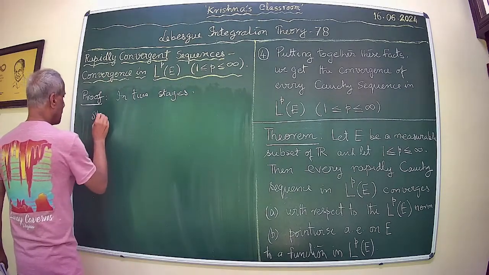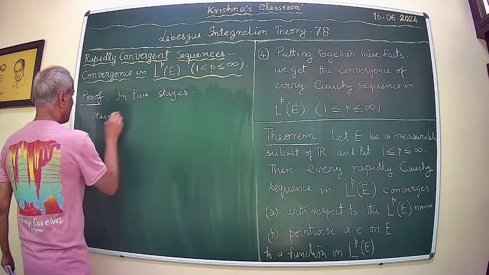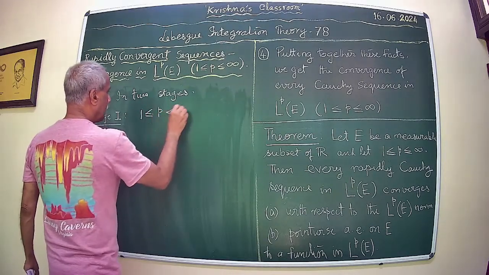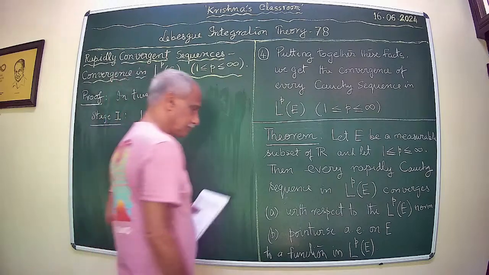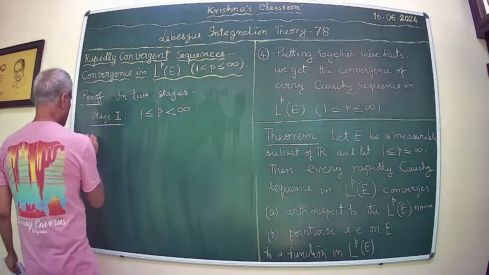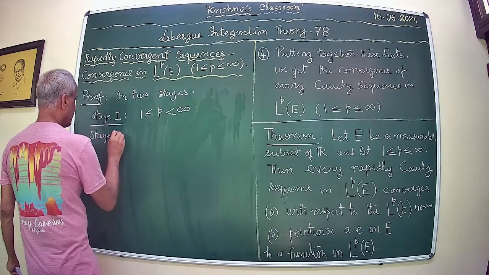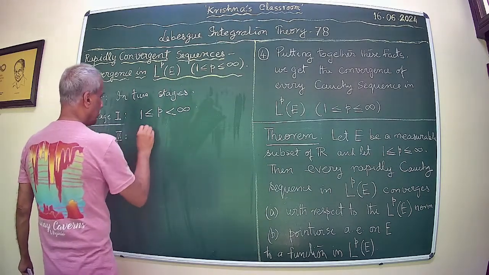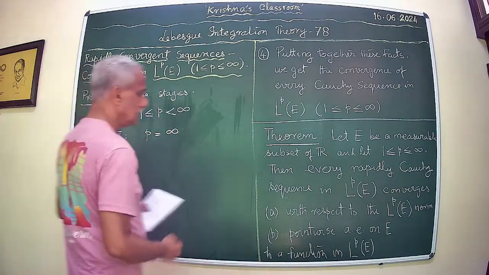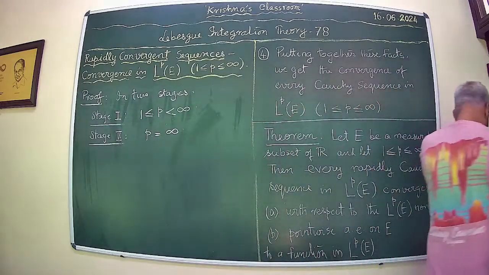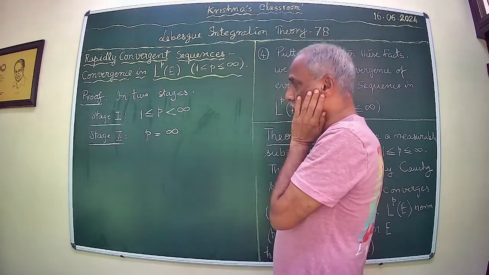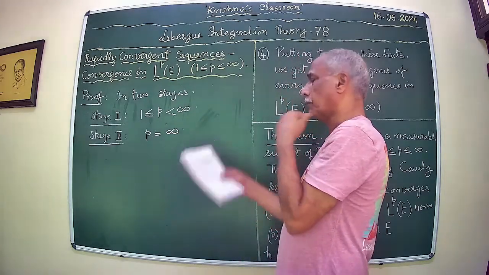Stage 1, we assume 1 less than or equal to p less than infinity. And stage 2 will be p equal to infinity. So these are the two stages in which we prove this theorem. First we prove it for 1 less than or equal to p less than infinity, and almost a similar proof works for infinity.